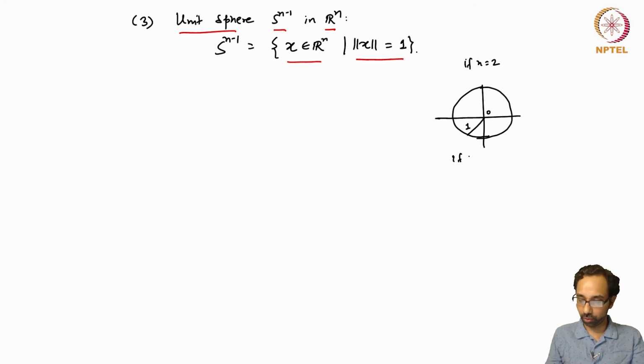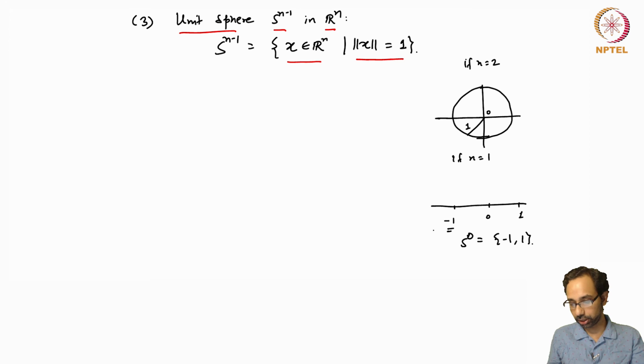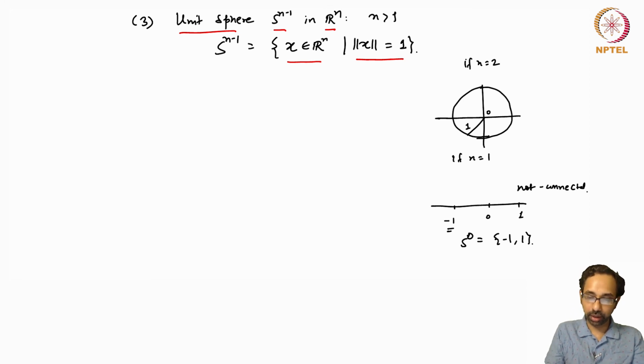If n equals 1, then it is just two points, S0 is just the union of -1 and 1. So this is not connected, and so not path connected. Here again we need to restrict to the case n greater than 1. So these are path connected.